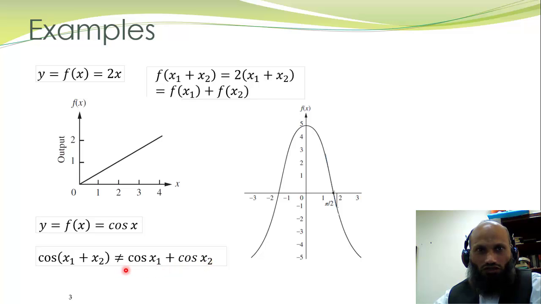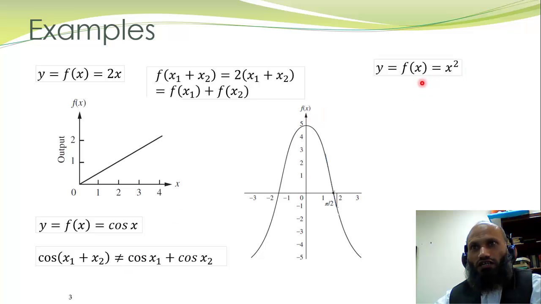So superposition theorem is not satisfied for this function, therefore this function is not a linear function. Similarly, if we talk about this function y is equal to x square, superposition theorem is not satisfied for this function: x1 plus x2 whole square is not equal to x1 square plus x2 square. So this function is not a linear function.